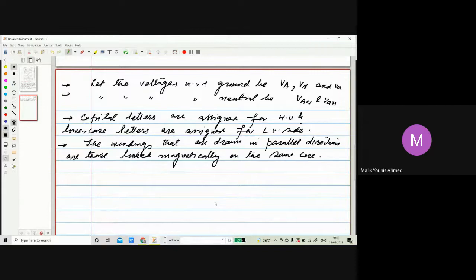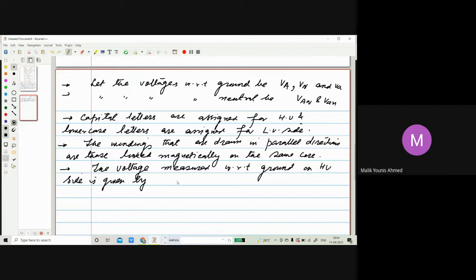Okay. The next is the voltage measured with respect to ground on the HV side.